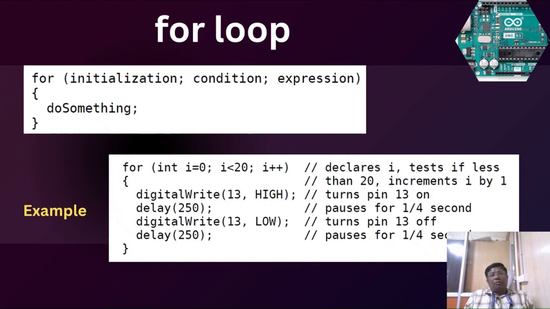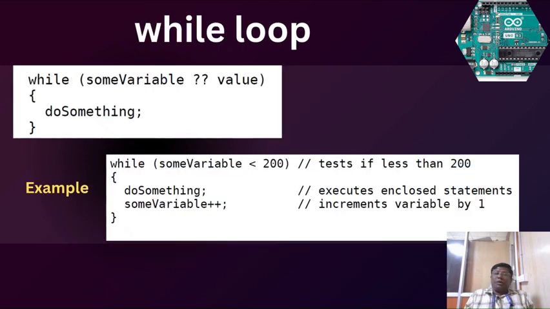After running one operation, the next increment will be i equal to i plus 1, until 20 iterations it will run. Digital write 13 will be high with a delay of 250 milliseconds, and digital write 13 low with a delay of 250 milliseconds.